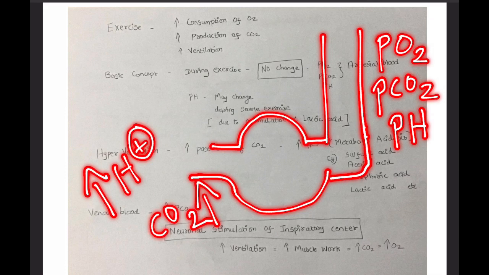That means due to the increased production of carbon dioxide, these acids will go and deposit in the parts of the body as lactic acid, phosphoric acid, sulfuric acid, etc. So this is what we call metabolic acidosis.